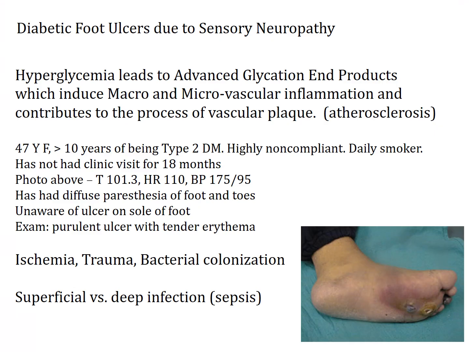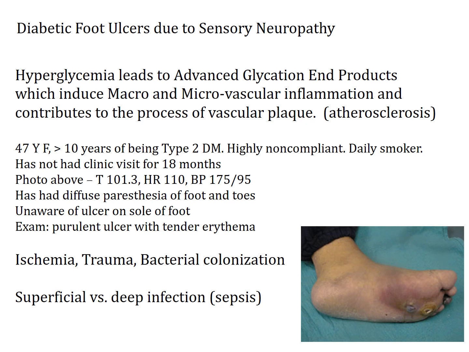Let me just make a couple comments about some of these. Let's talk about diabetic foot ulcers. I'm sure a number of you have seen people with this. The diabetic foot ulcer starts as a sensory neuropathy. So remember, a lot of individuals with diabetes develop neuropathies, particularly a sensory neuropathy. So they develop numbness, tingling, and pain, particularly in the lower extremities and feet.